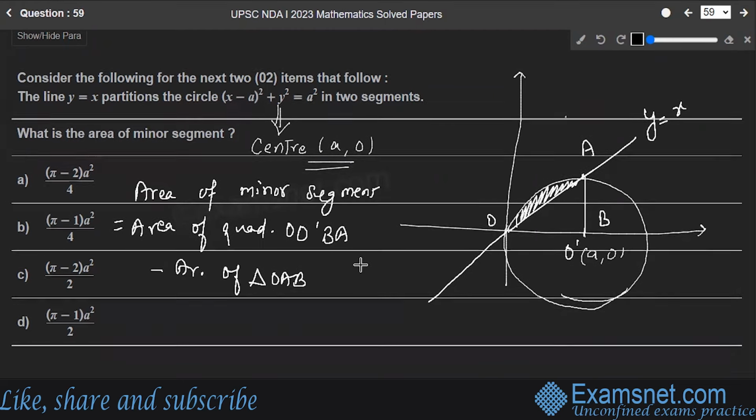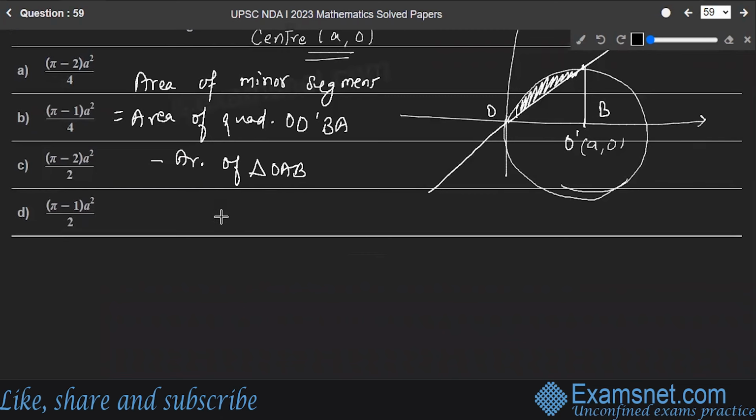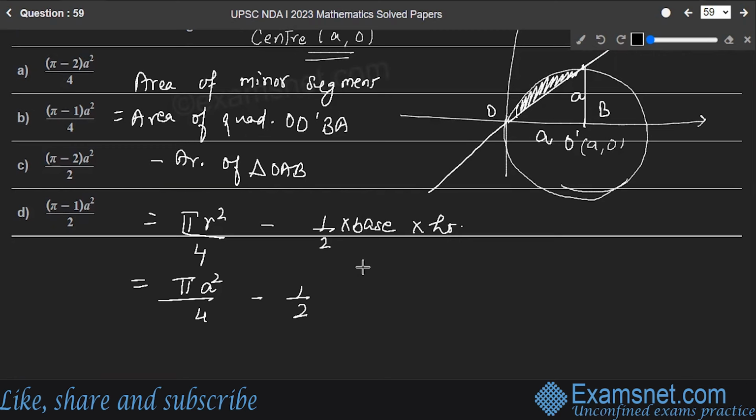Now, what is the area of this quadrant O dash BA? This is pi r square, where r is the radius, upon 4 minus half into base into height for the triangle. Radius in this case was A. So pi A square upon 4 minus half into base is equal to A and height is also A. So half into A square as well. This will give you A square by 2 into pi by 2 minus 1.